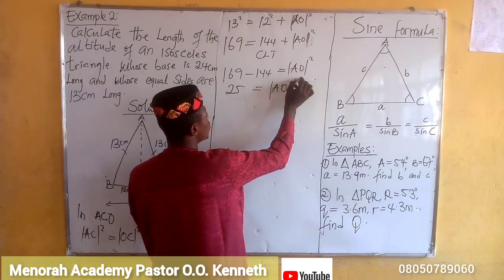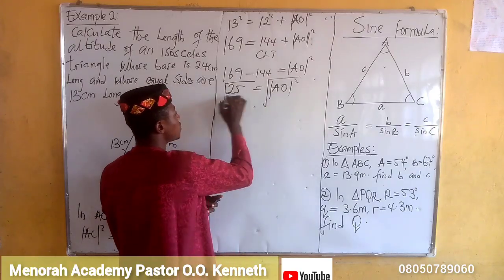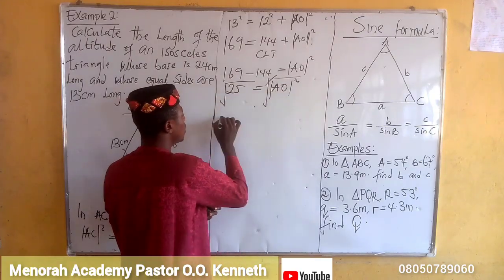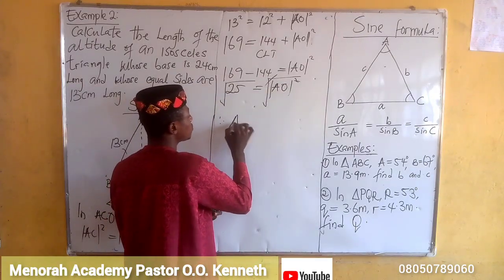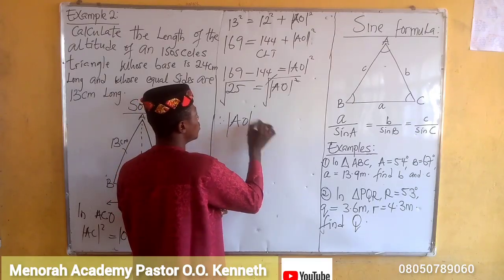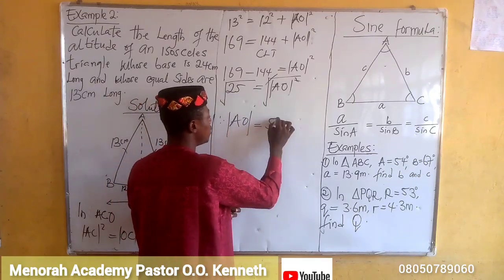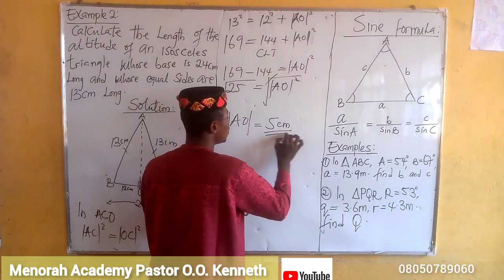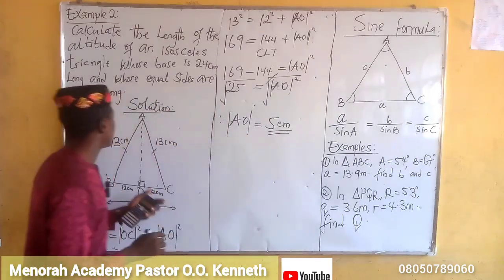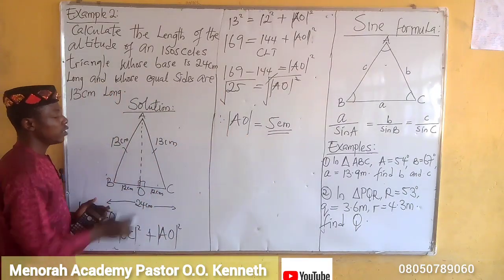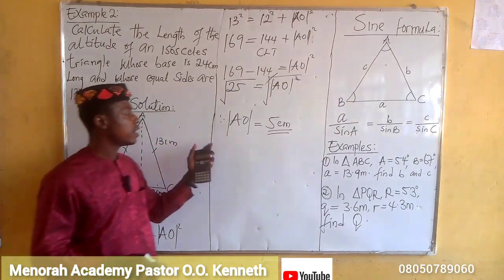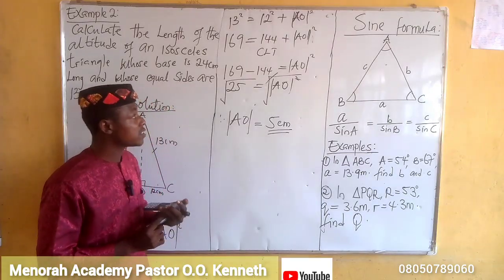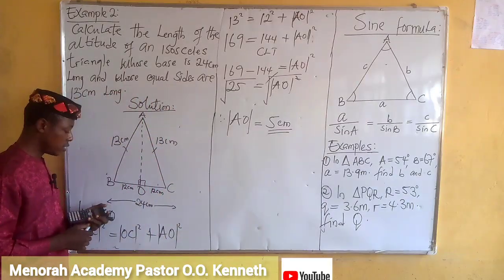So we take the square root of both sides, so that this square cancels the square root. Therefore, we are left with line AO, the square root of 25, which is 5 centimeters. So the altitude of this triangle is 5 centimeters. This is how to use Pythagoras theorem.